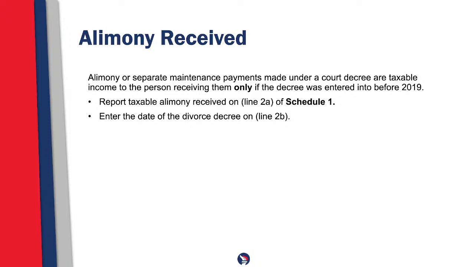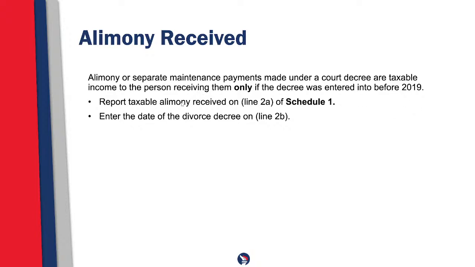I did have a client that fell into this category. Anything in 2019 and after is not taxable income. It doesn't get reported on the tax return as income. Also, it does not get reported as an adjustment to income by the person paying it.